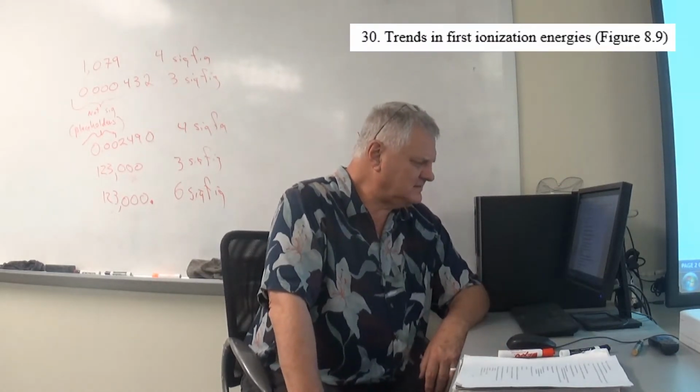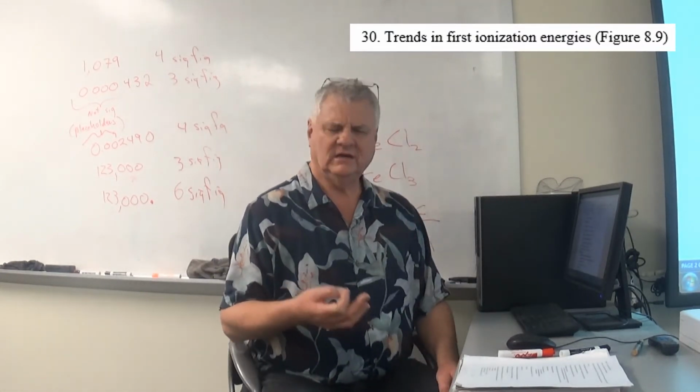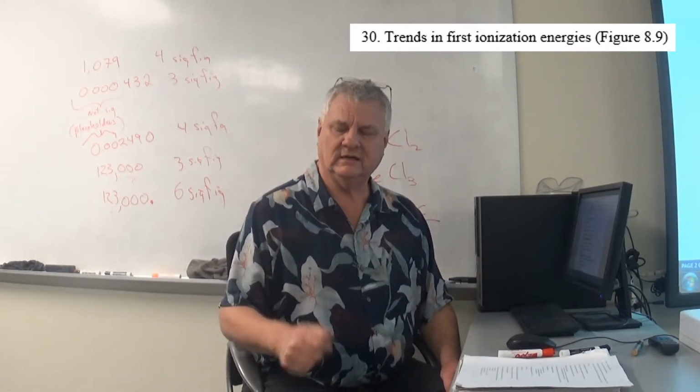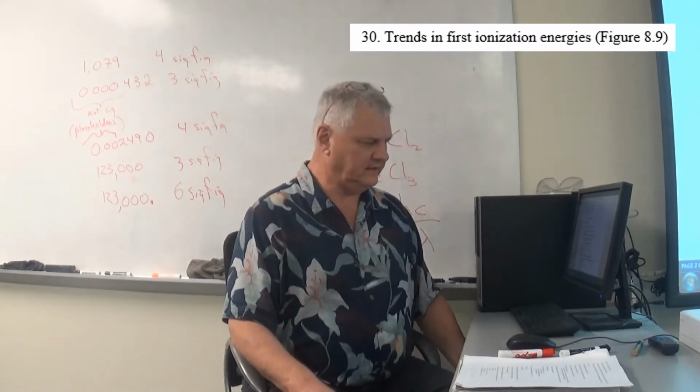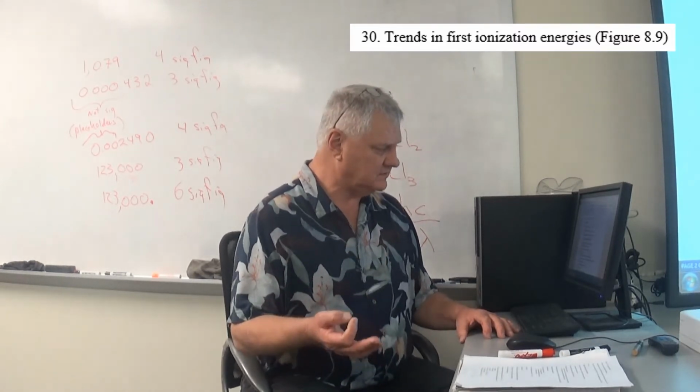Trends in the first ionization energy, and the most important trends in the ionization energy. Ionization energy is the voltage required to ionize an element that's in the gaseous state. And the trend is such, in fact, it's almost predictable.